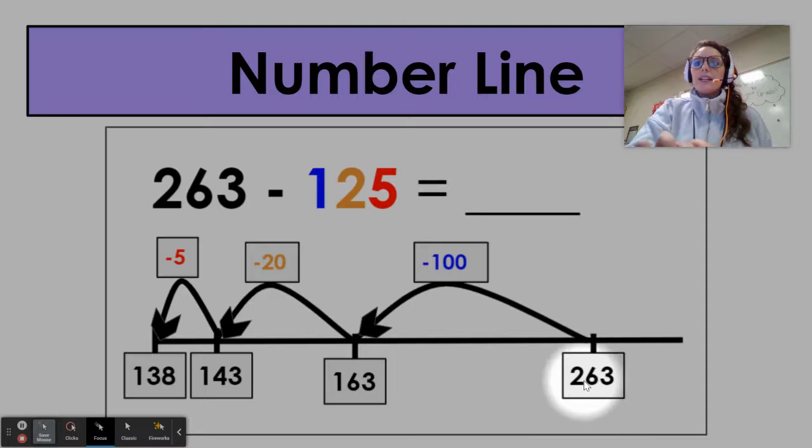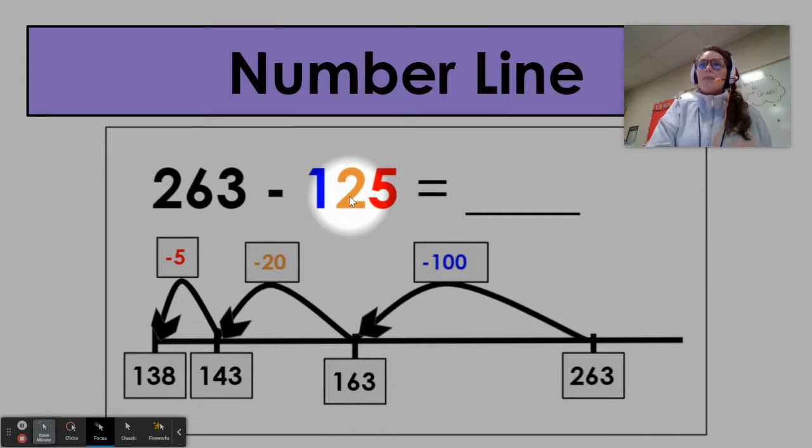Starting at 263, I am going to subtract back 100. 263 minus 100, I land on 163. Now I'm going to subtract the tens. I have to take away 2 tens, or 20. You can choose to either make 2 jumps of 10 backwards or 1 hop of 20.